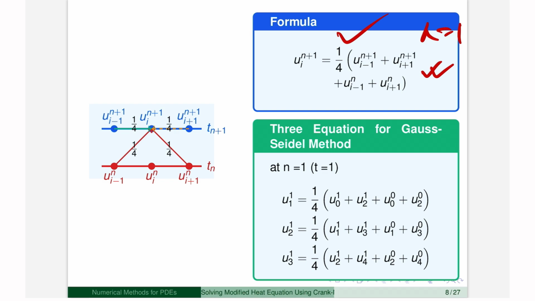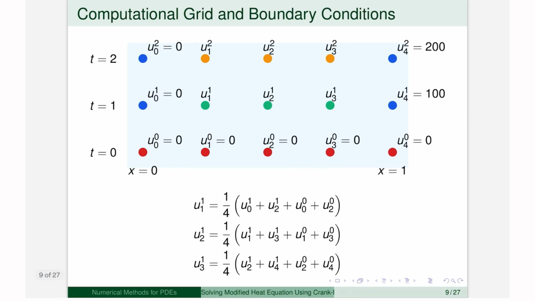So here u11 is 1/4 (u01 + u21 + u00 + u20), u21 is 1/4 (u11 + u31 + u10 + u30), and u31 is 1/4 (u21 + u41 + u20 + u40). Now here is the computational grid, with the boundary and initial conditions.